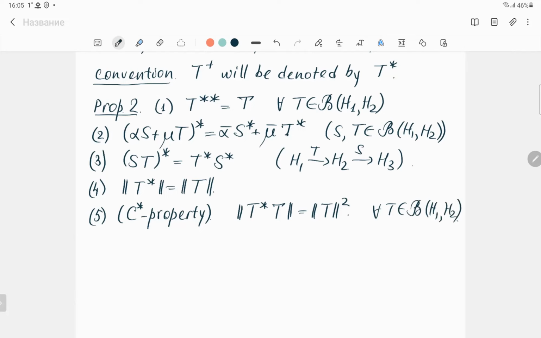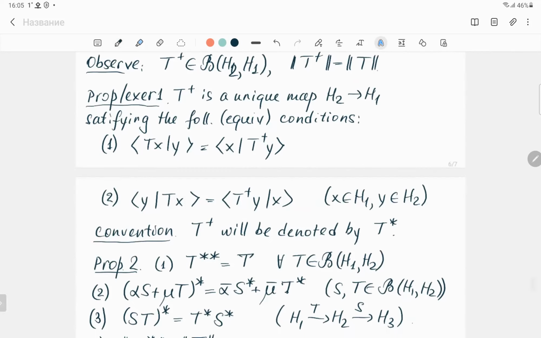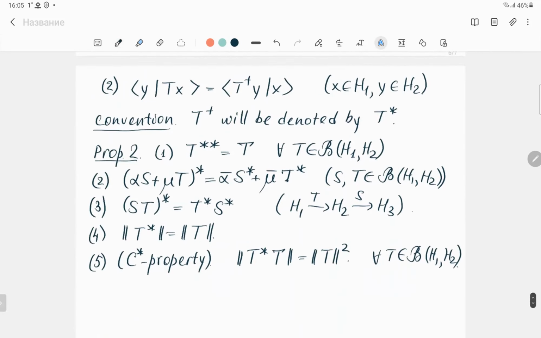Well, actually, almost all parts of this proposition are simple exercises. For example, the first part easily follows from proposition 1, which characterizes the adjoint operator in terms of inner products. Properties 2, 3, and 4 easily follow from the respective properties of the dual operators. Property 5, well, let's prove property 5.